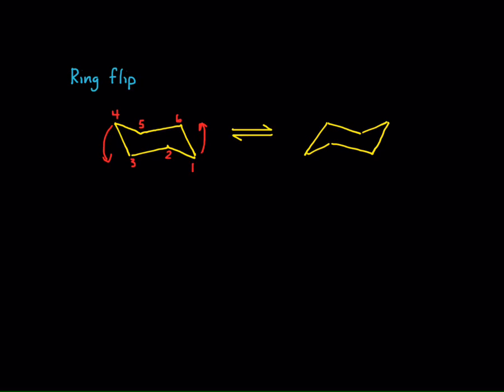So if you follow, carbon 1 is now up, carbon 2, which was up, is now down, carbon 3, which was down, is now up, carbon 4, which was up, is now down. Carbon 5, it was down, now it's up, and carbon 6 was up, and now it's down. But keeping track of where everything is very important, especially when we have substituents on the ring.